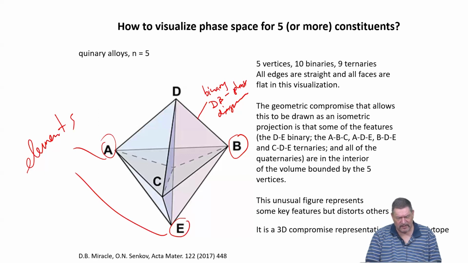In quintessence, this means this figure could be used to represent some features of your multidimensional phase space, like which phases would occur maybe on the ternary lines that are shown.